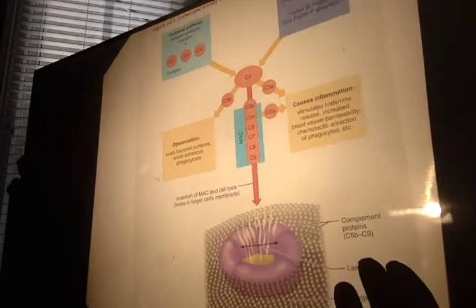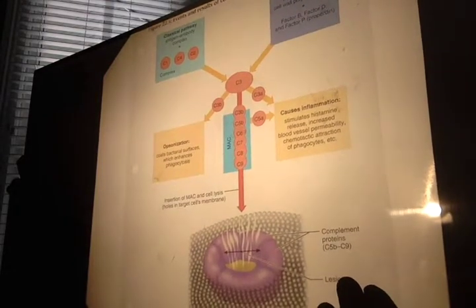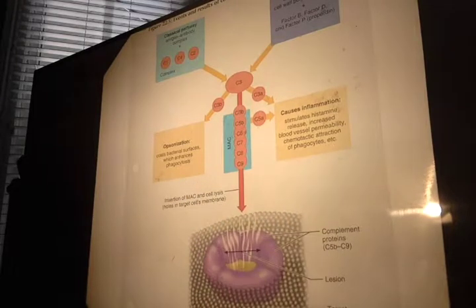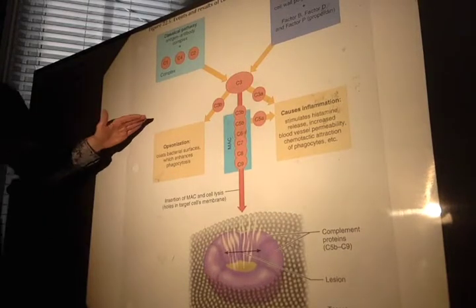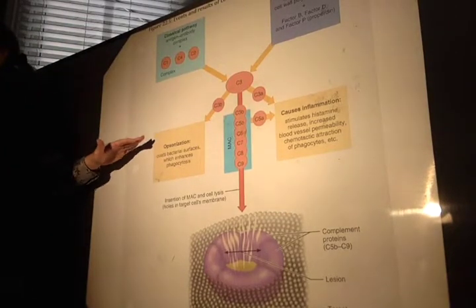The first thing they can do is they can opsonize an invader. Opsonize means put gunk all over it so that it's easier to catch and swallow. So the complement proteins help phagocytosis.